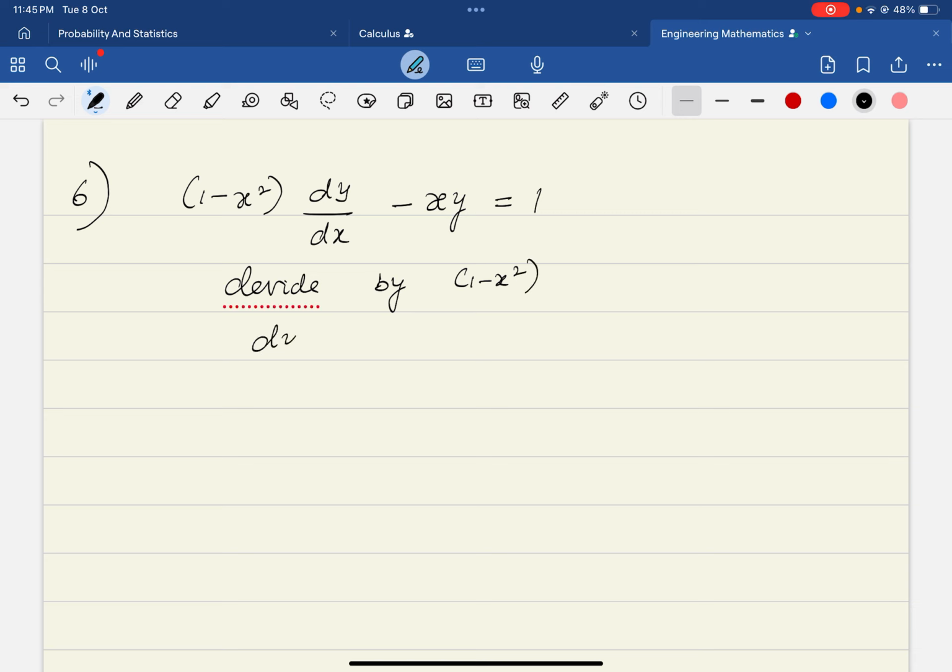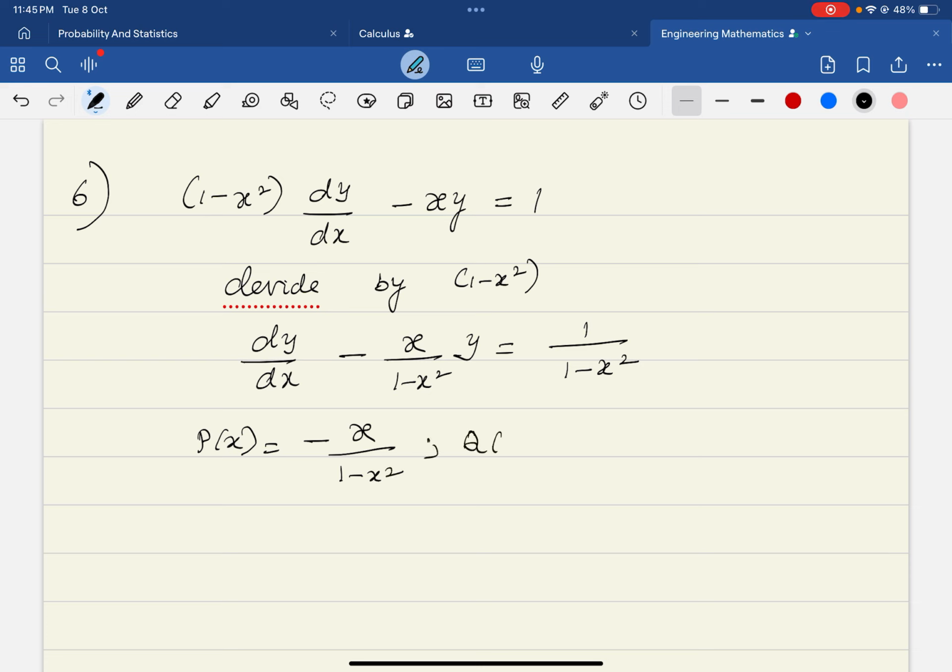Now we get dy by dx minus x over 1 minus x square y is equal to 1 over 1 minus x square. So what is p of x now? P of x is minus x over 1 minus x square, and q of x is 1 over 1 minus x square.